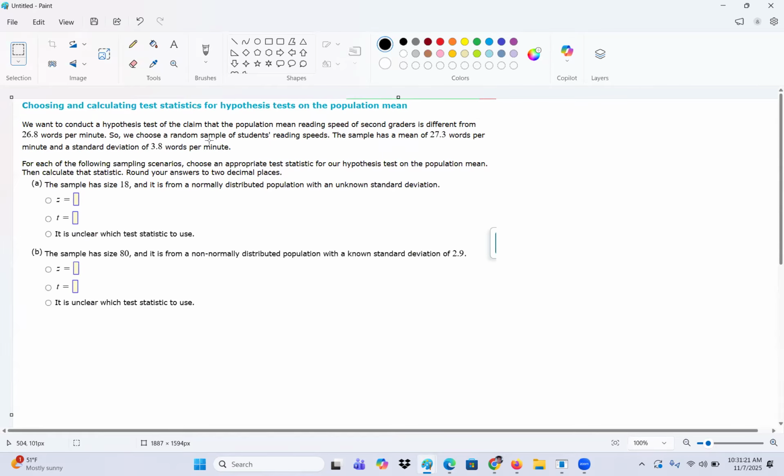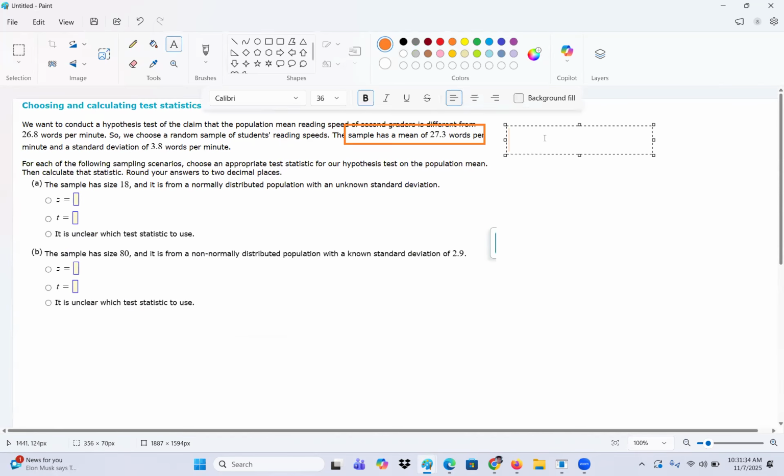The question says we have a sample mean of 27.3, equal to 27.3.